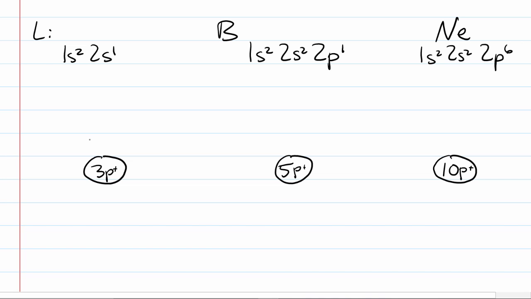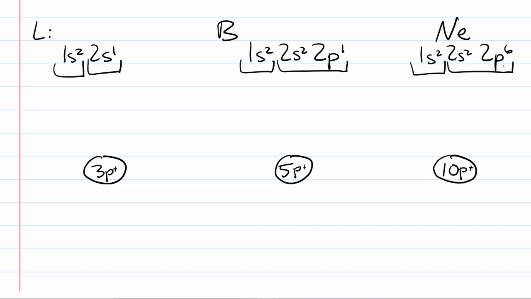Then we're going to start putting in the electrons. These electrons here belong to the first energy level, these belong to the second, these belong to the first, these to the second, these to the first, and these to the second. And now we start counting valence electrons. Lithium here has 1. Boron has 3.